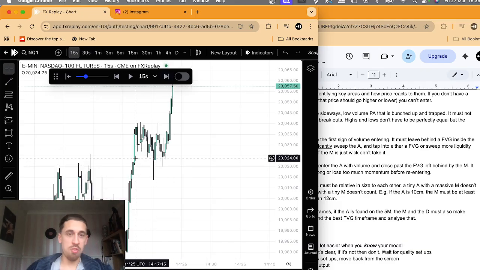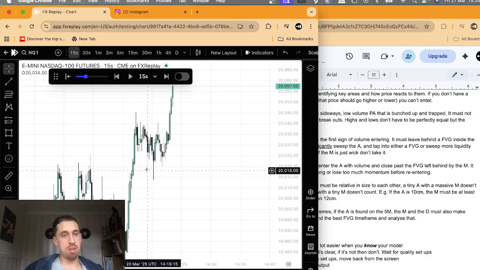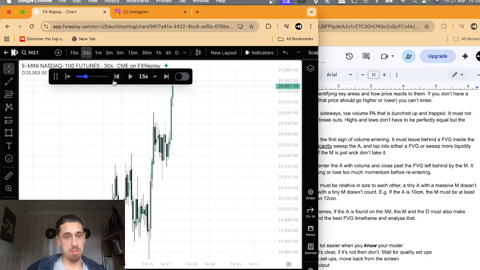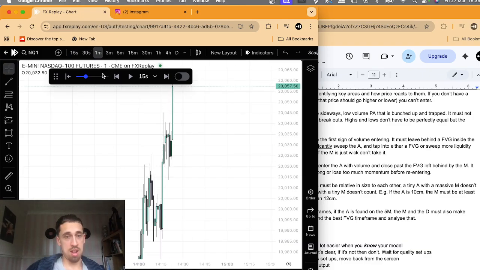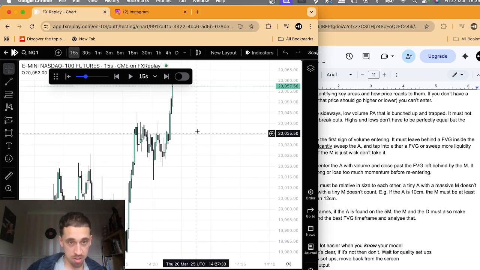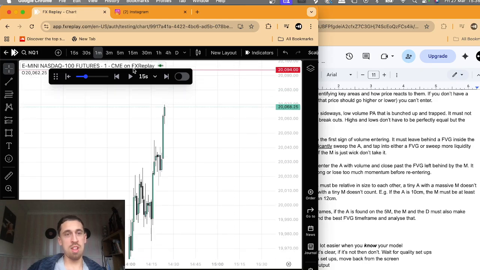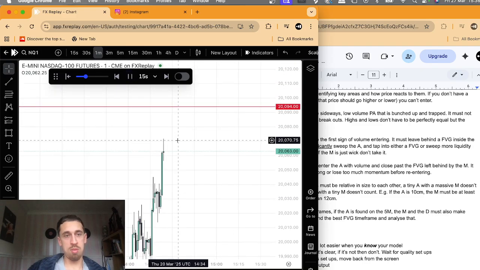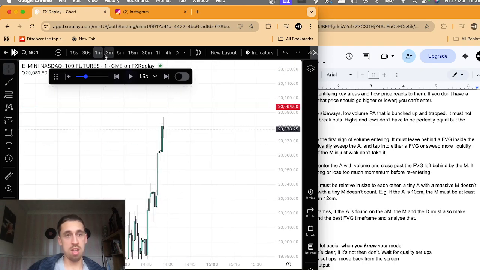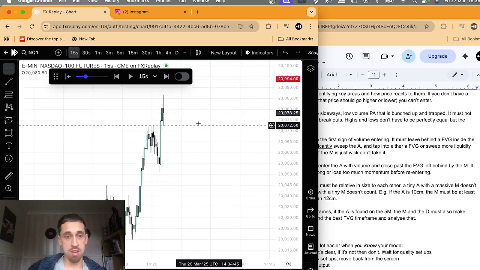I do like that though, to be fair, because it didn't just tap into that, it tapped into this deeper one. It tapped into that, and it tapped into that. So I do actually like that, but I think I've seen them be fake outs too many times to confidently take it. Well, I'll just keep missing these.